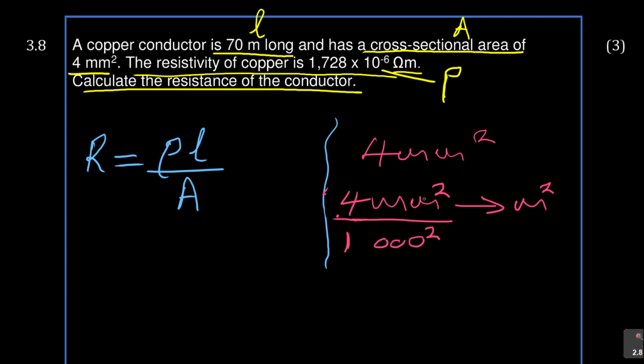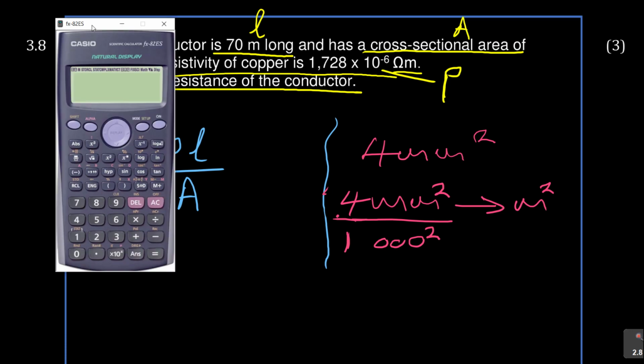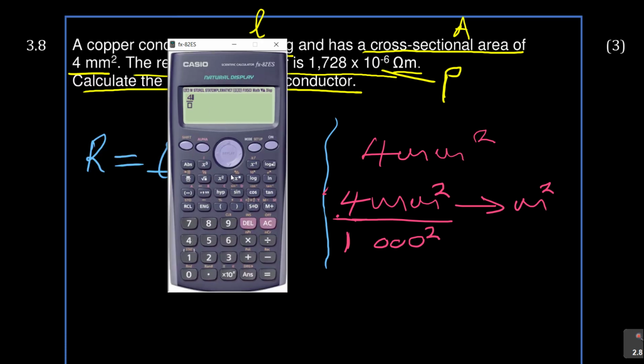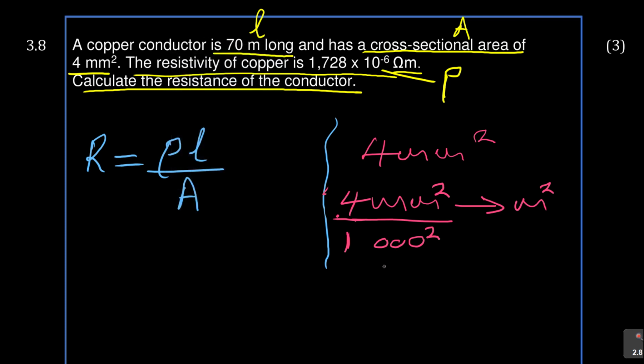Are you with me? So I can write that answer now to say what is 4 divided by 1000 squared, which is what? Press SD. 4 times 10 to the power negative 6. So this is 4 times 10 to the power negative 6 meters squared.